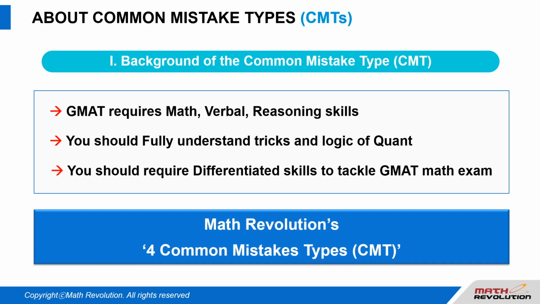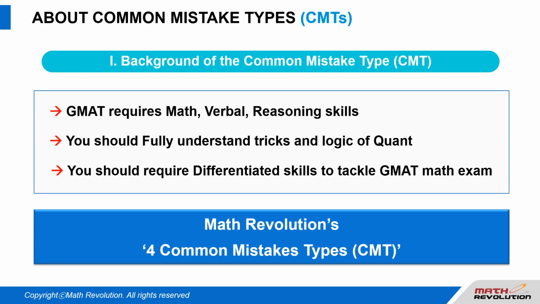Another reason for devising the common mistake types is because of the necessity of developing differentiation skills to tackle the GMAT math exam. One of the goals of the GMAT is for students to acquire differentiation skills to precisely understand relationships between the concepts in the question.